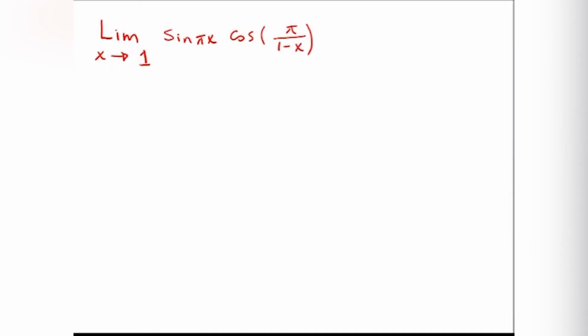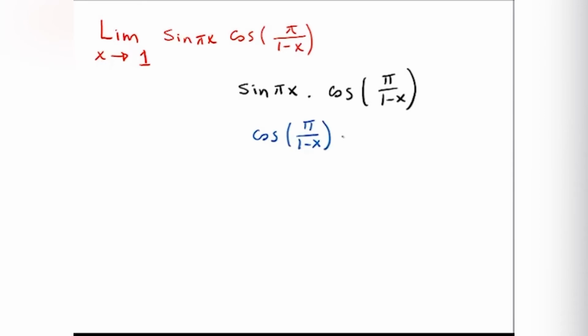So what I will do is first take sine pi x times cosine pi divided by 1 minus x. Here, the coefficient of the sine is the cosine term, so let me write it as cosine of pi over 1 minus x times sine pi x.